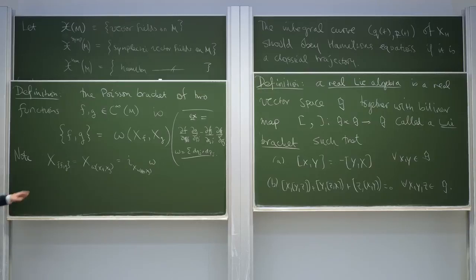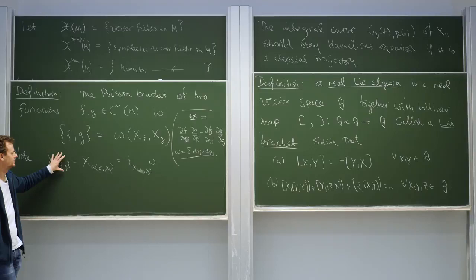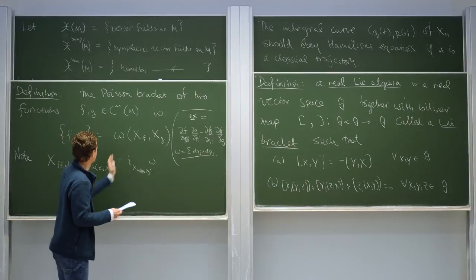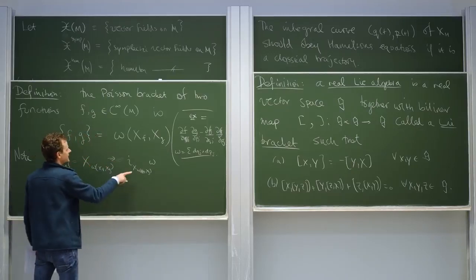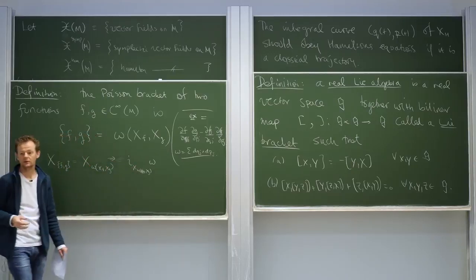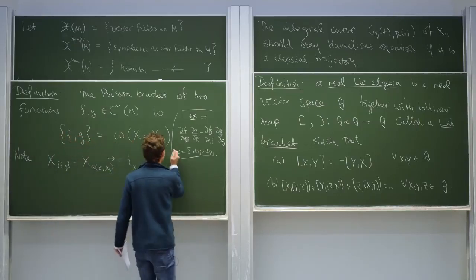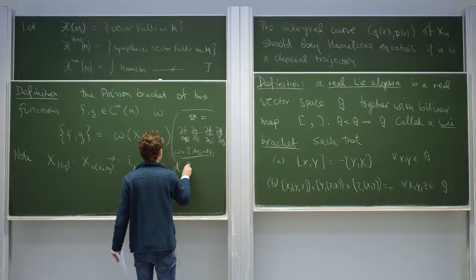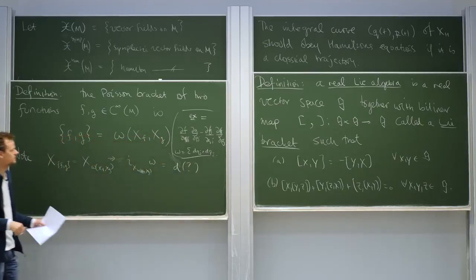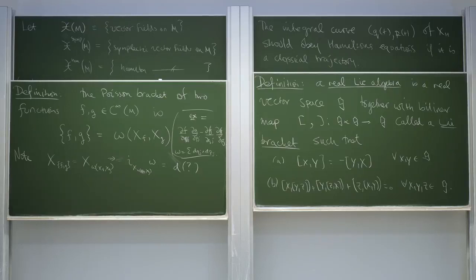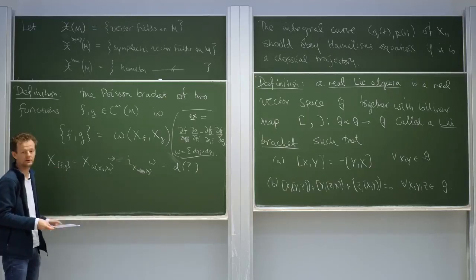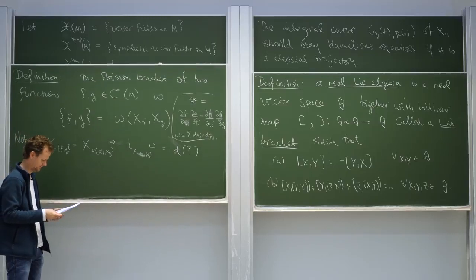By definition, this is the definition of the vector field, and when we put it in the internal product like that, this should equal d of something. And that something had better be the Poisson bracket of f and g.